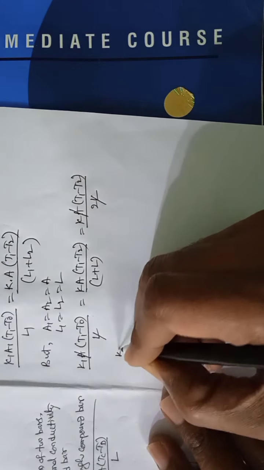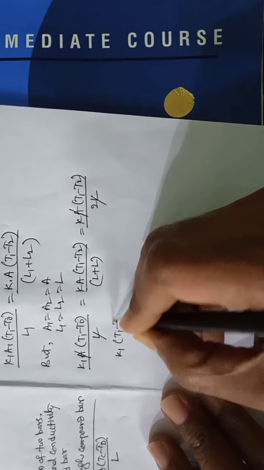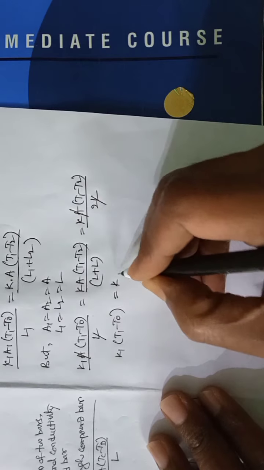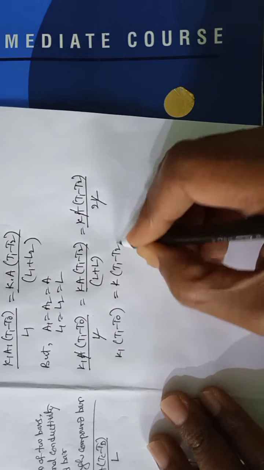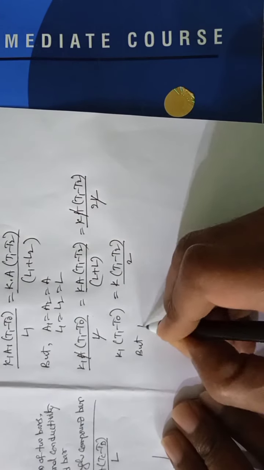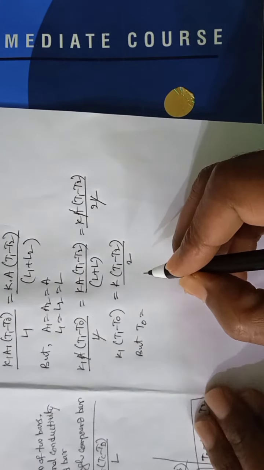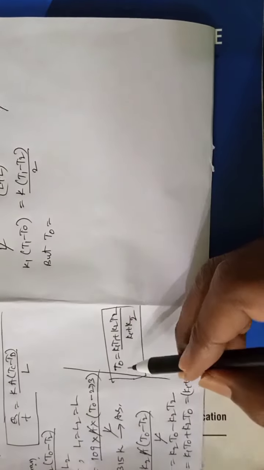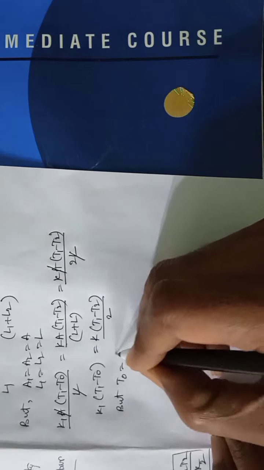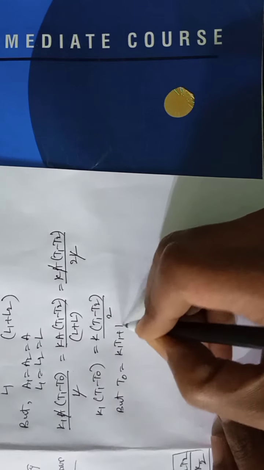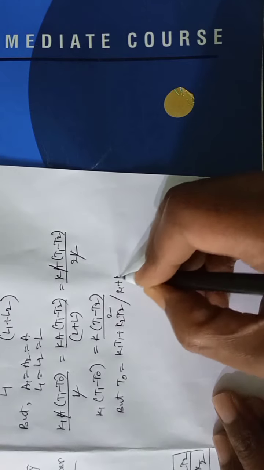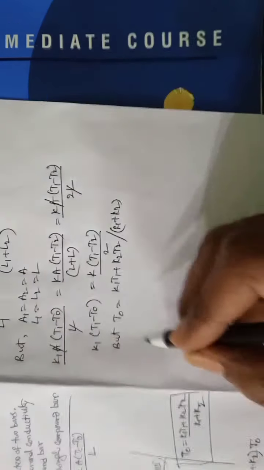On the left hand side T1 minus T0, and on the right hand side K into (T1 minus T2) by 2. But T0, the junction temperature, we already obtained an expression for. We have to substitute this expression, T0 equals (K1 T1 plus K2 T2) by (K1 plus K2), here.